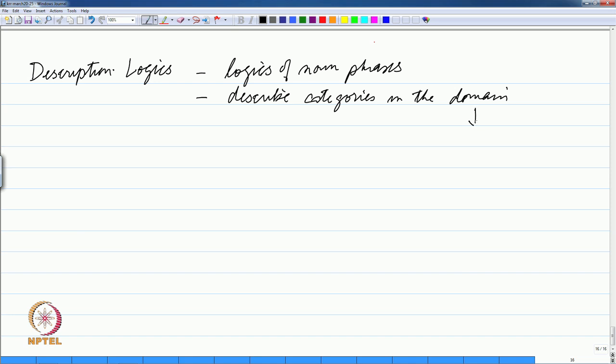So, the domain itself corresponds to something called thing, and everything is a subset of thing essentially. So, every category is a subclass of thing.